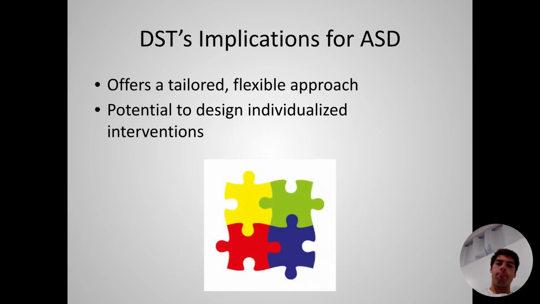So, looking at the theory's implications for individuals with autism spectrum disorder and helping them grow, the one super positive thing is the individualized approach. It's tailored and flexible to the person, to their individual needs, whether they have limitations that are verbal, physical, or cognitive.